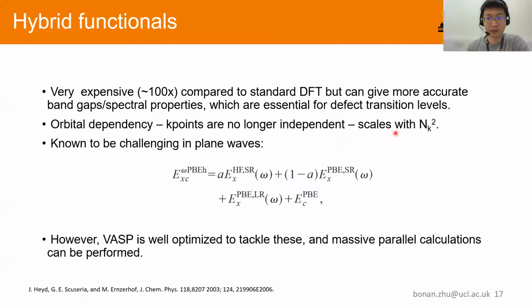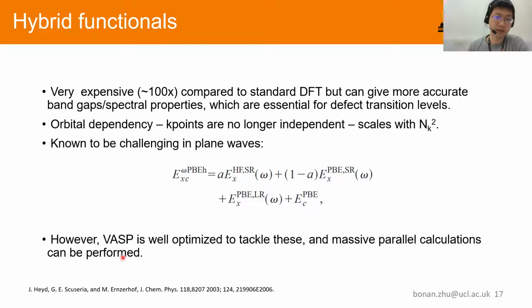The computational cost can increase rapidly with the size of the system. Essentially, the equation they use mixes in a bit of Hartree-Fock exchange energy with the standard exchange energy in the generalized gradient approximation, and it's controlled by various factors here.